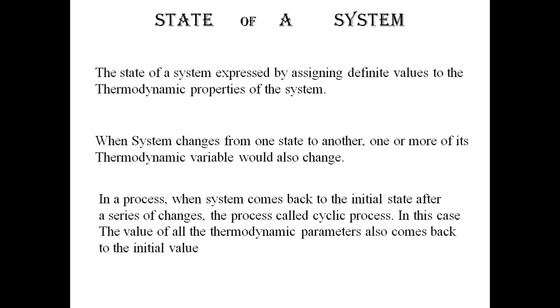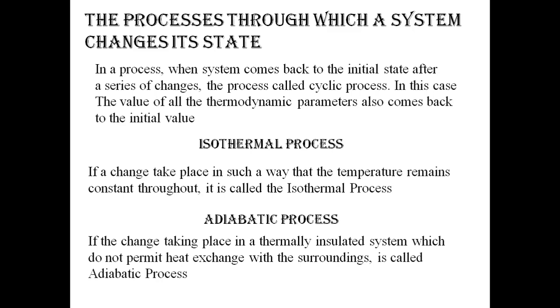This is a sort of movement, right? So all processes need some sort of energy. Now the point is, a process can be defined in two ways: isothermal process and adiabatic process.